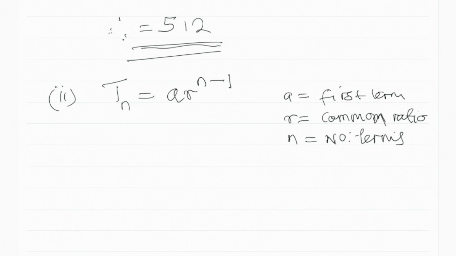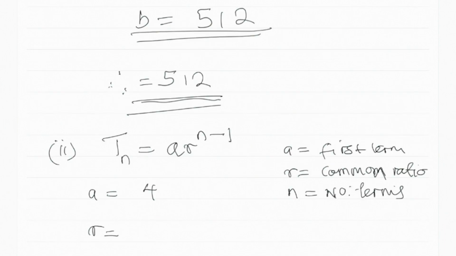So now we can simply substitute into the given formula in order to find the 11th term. What is our A according to the given geometric progression? Our A is 4. What is our common ratio? We need to know that we simply divide the second term by the first term, or the third term by the second term.